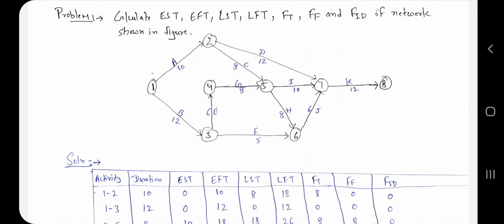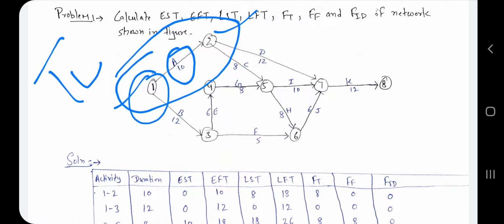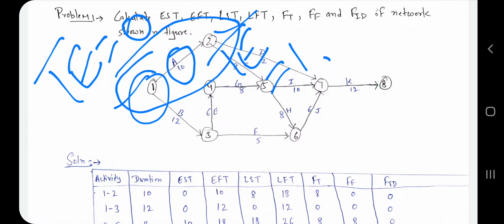So let's take activity 1 2. Okay, activity 1 2. So this is the starting point and this is the end point for activity 1 2, and here we are given the expected time is 10. So at the starting point TE is equal to 0, and at 2 TE is equal to 10.